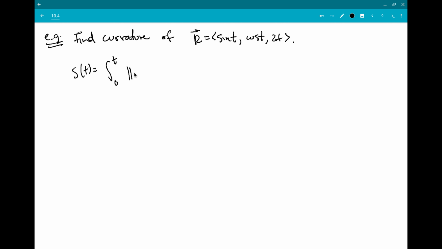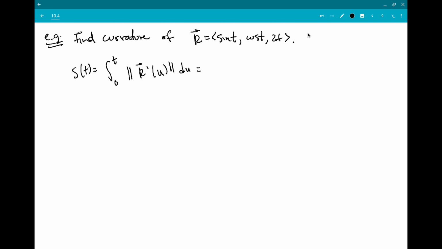What we want to compute is the magnitude of the derivative of r, and we're going to integrate that. Remember, we use that special notation here so I don't mix up my t's, but if it is comfortable for you to write r prime of t dt integrated from 0 to t, go ahead and do that. It's not going to bother me.